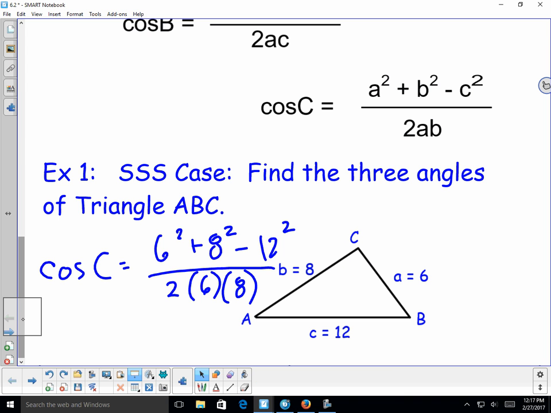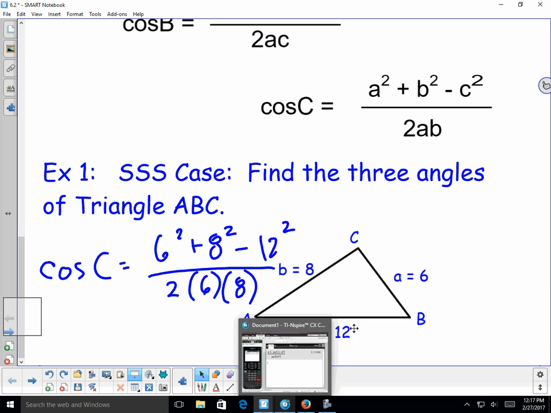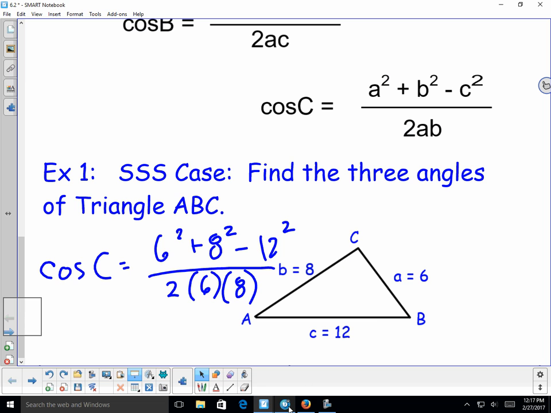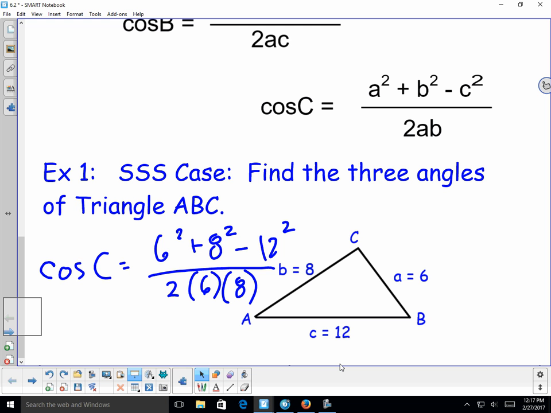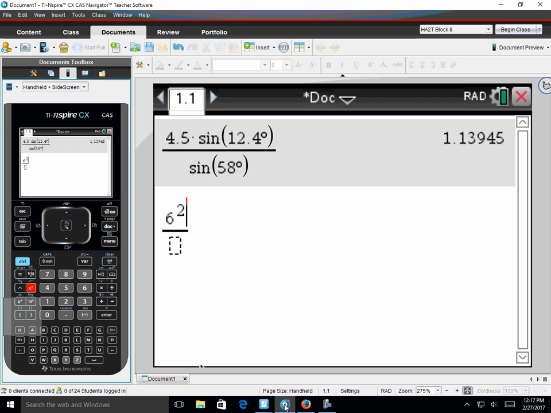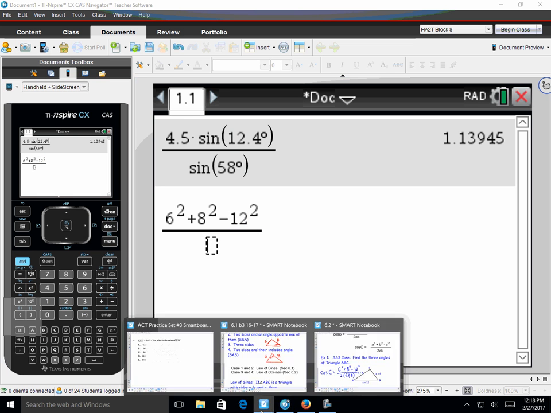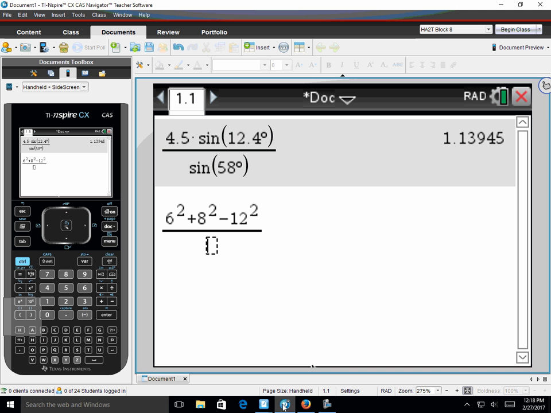All right, so you're pulling this up on your calculators and doing this calculation.